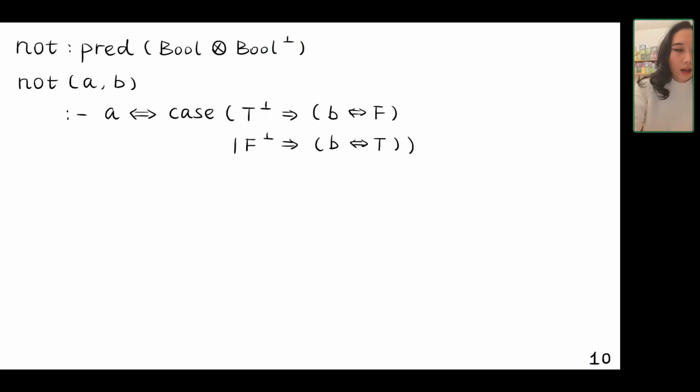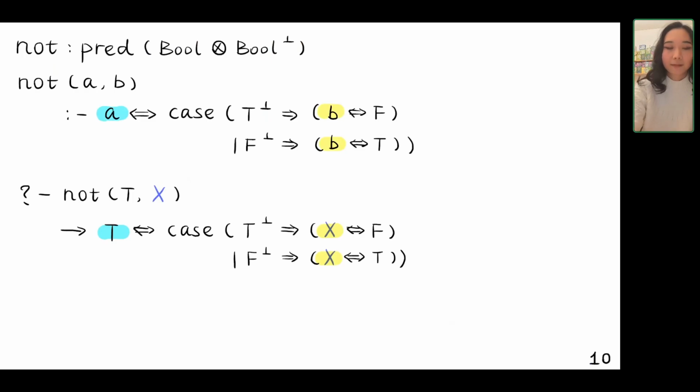T stands for true. So to run a query, we can say, okay, we're going to input a true. What's the output? We're going to use a variable here, hoping the program will tell us what it is. This query would trigger a substitution into A and B, giving this. Now it's going to match with the first case pattern, and this would be the output of our system, saying X should have the opposite type of false.